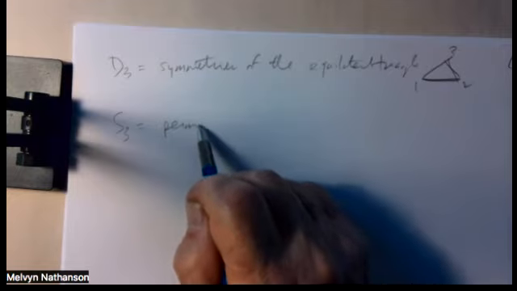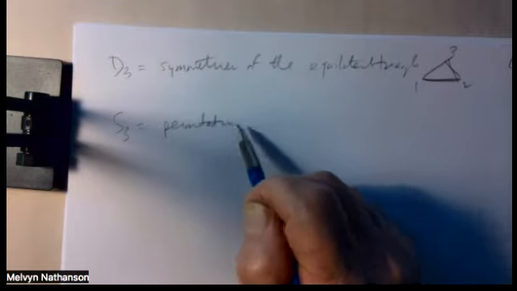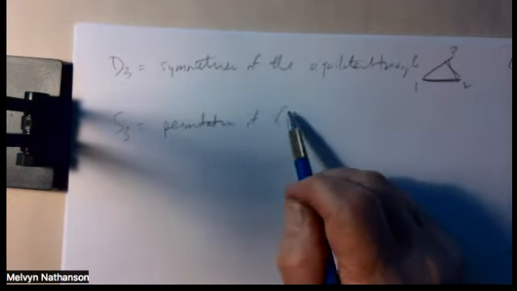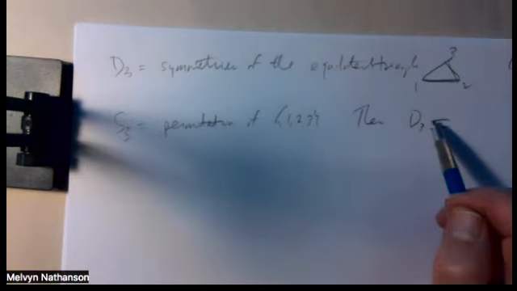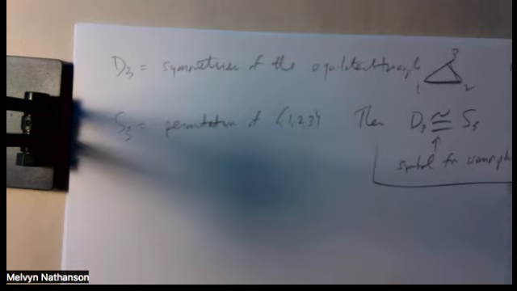And S3 is the set of permutations of the set of integers 1, 2, and 3. Then these two groups are isomorphic, and this is the symbol for isomorphism.